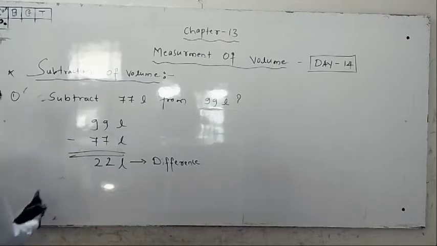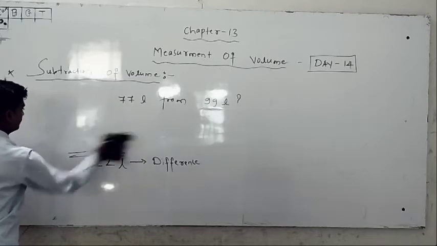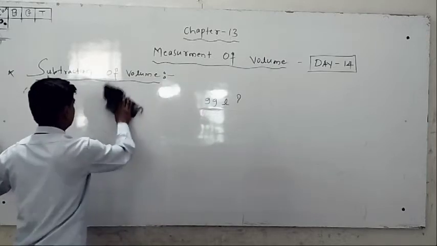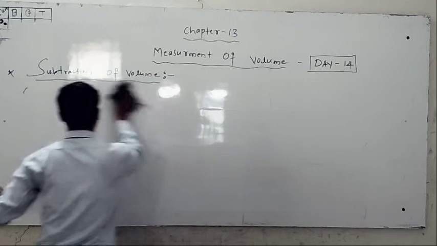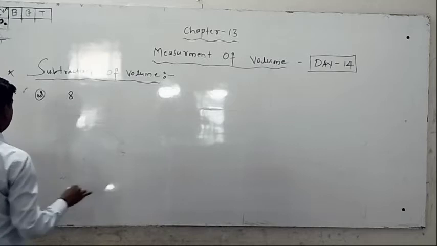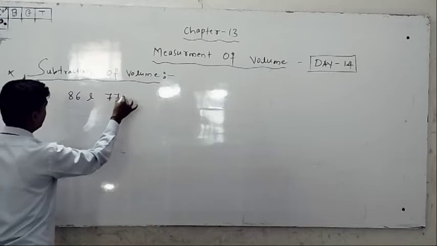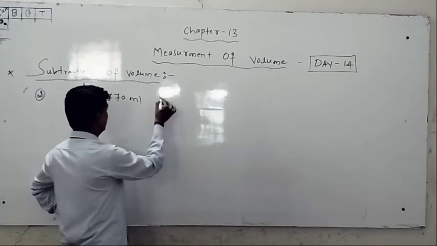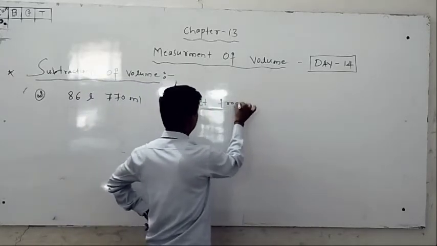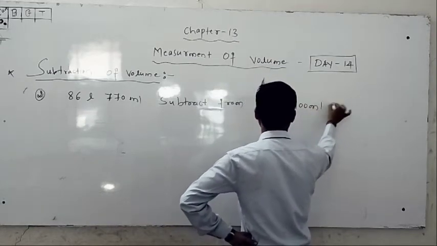Now we are going to discuss the second problem. 86 liter 770 milliliter subtract from 88 liter 900 milliliter.